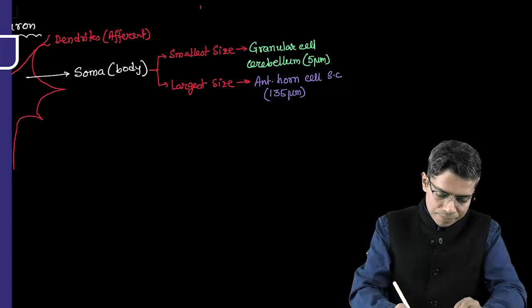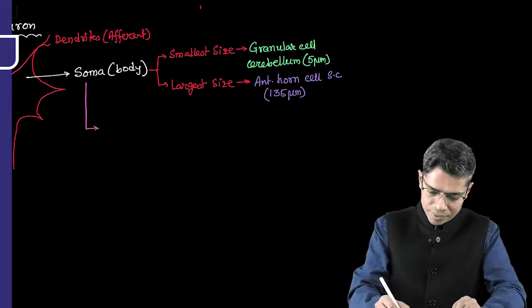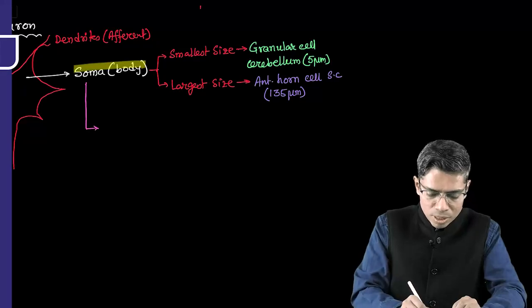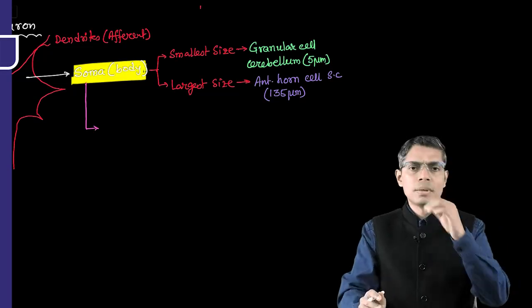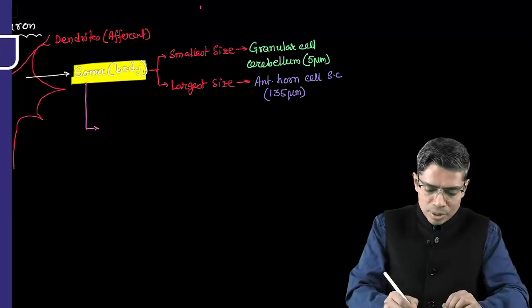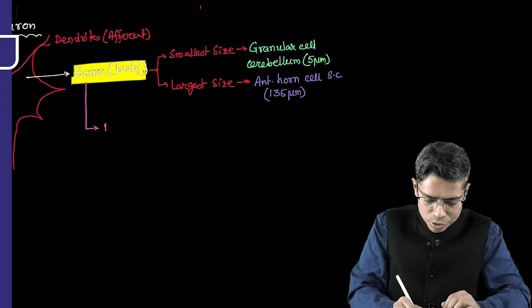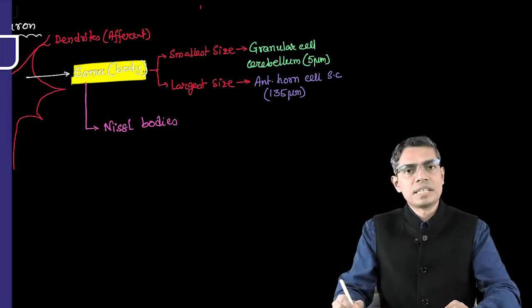Now apart from that, we also have to remember certain important organelles inside the cell body or soma. The cell body contains mitochondria, Golgi body, the normal cell organelles are also present, but we are not very interested in that. We have to remember the cell body contains a special organelle known as Nissl bodies or Nissl granules, right?